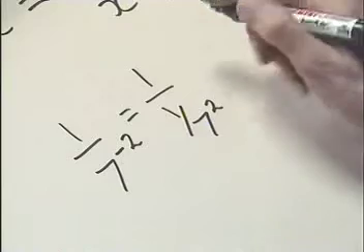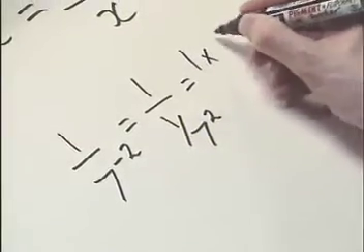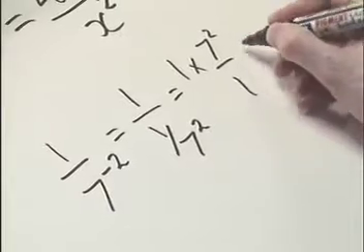1 over 4a to the power minus 2. Well, we've met this one before. If you remember, we actually looked at 1 over 7 to the minus 2. And that was 1 over 7 squared. And because we were dividing by a fraction, we said we had to invert and multiply.